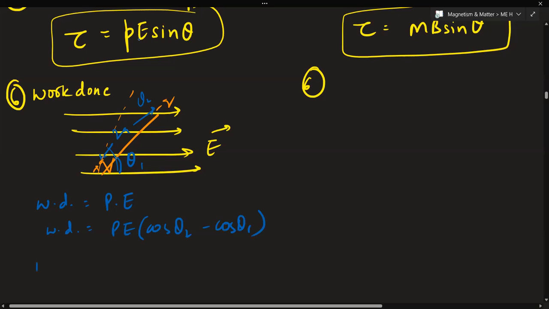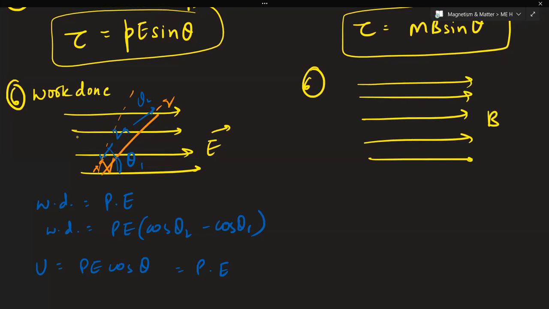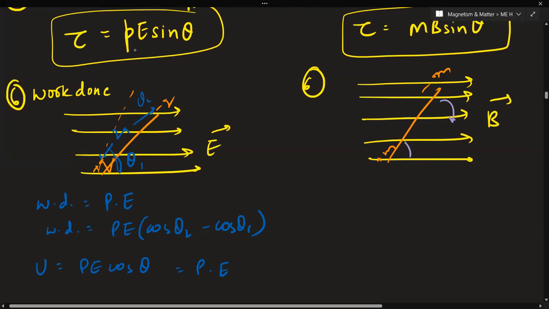And same thing with potential energy, minus PE cos theta or minus P dot E. Just convert these analogues. In electrics, instead of electric field lines, you have magnetic field lines. In case of electric charges, you have the magnetic strength, which we call the magnetic charge. It will also shift. There will be one angle theta 1, then angle theta 2.